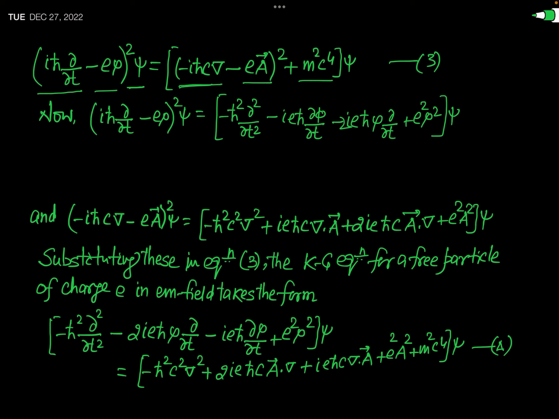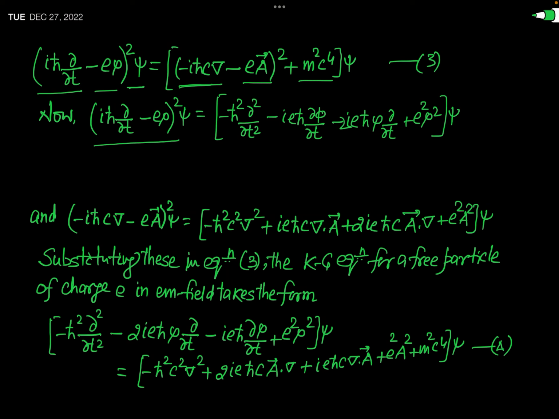Now you can see we will simplify the LHS and RHS of this equation separately, and then we will substitute these values in equation 3. So the LHS is (iħ ∂/∂t − eφ)²ψ.